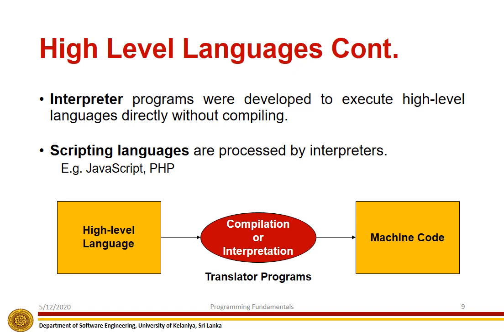Scripting languages are processed by interpreters. Scripting languages are programming languages with special runtime environments that automate the execution of a task. For example, I have given two scripting languages, JavaScript and PHP.